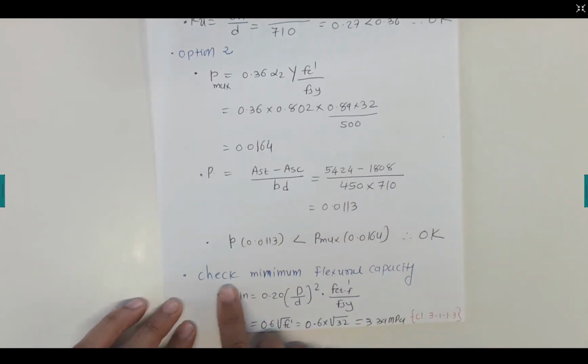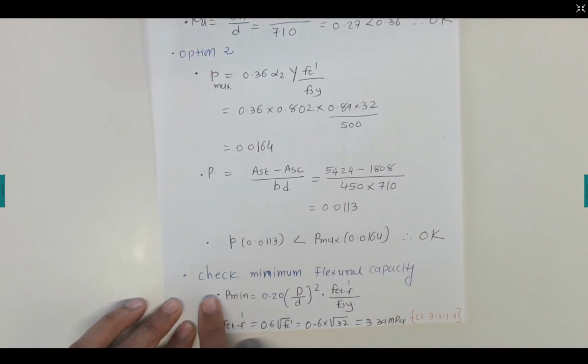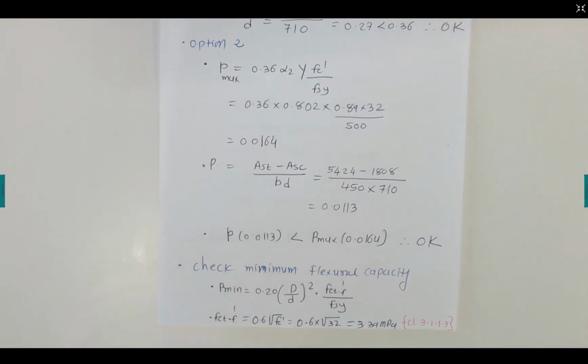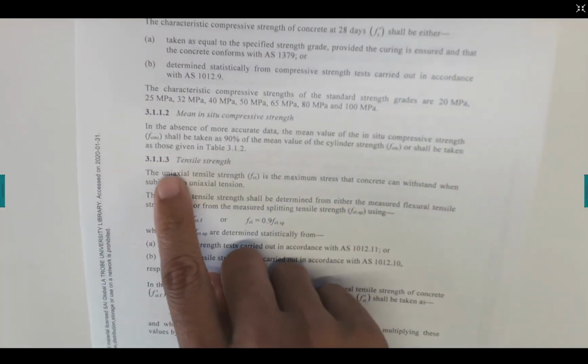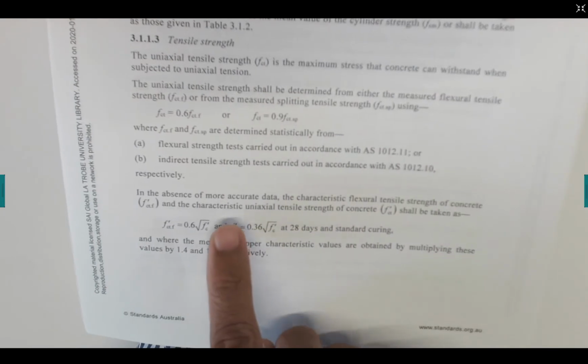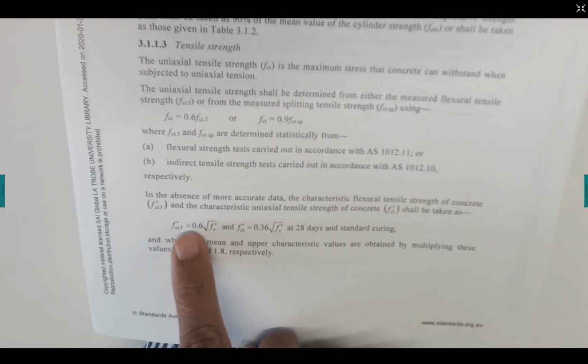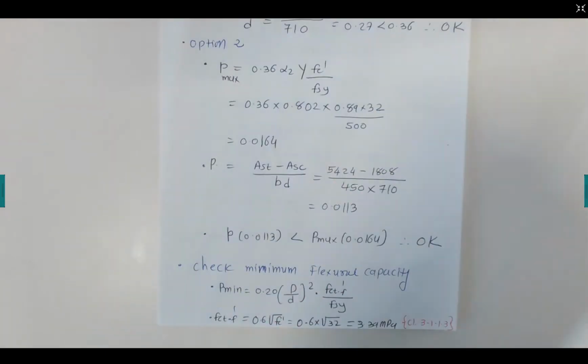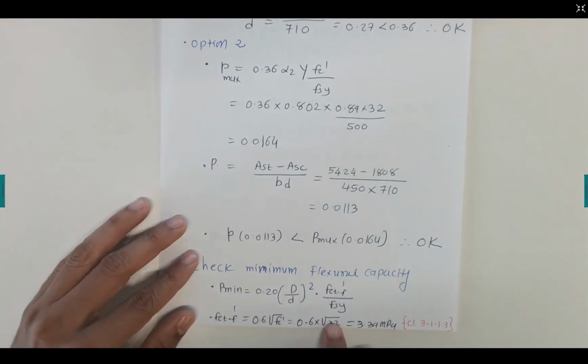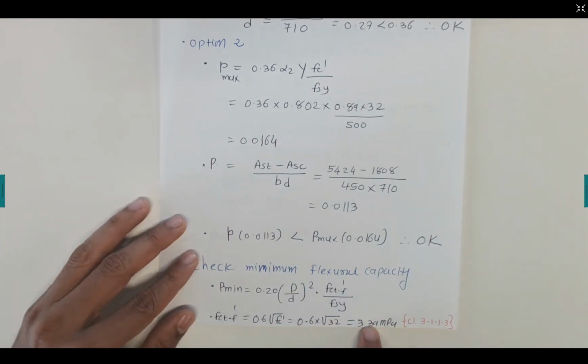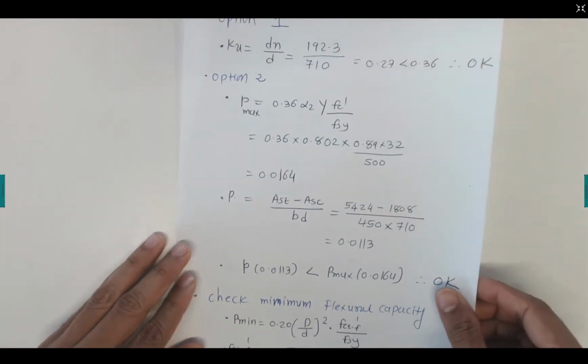Now we also need to check the minimum flexure capacity. For that we calculate the minimum reinforcement, which is 0.20 times capital D squared times the tensile strength of concrete over the yield strength. The tensile strength of concrete is given in clause 3.1.1, and the equation is in clause 3.1.1.3. The tensile strength is 0.6 square root of fc dash, and substituting fc dash of 32 gives us 3.39 megapascals.